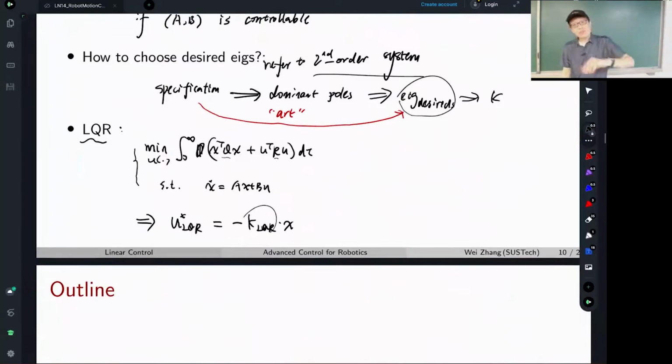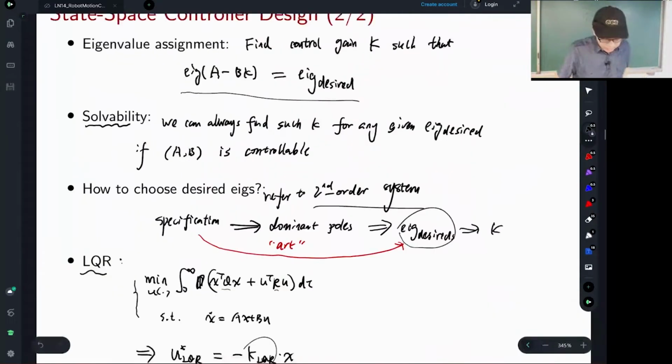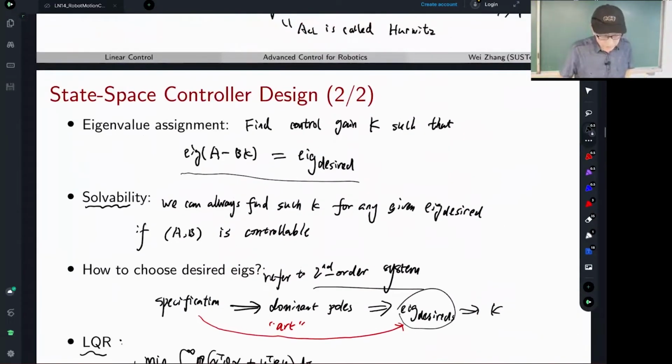Again, I'm not teaching you this, I'm just mentioning some of this in case you have learned. I assume most of you have learned everything I talk about today. You may forget, but that's fine. I'm telling you what each of these terms means, and all you need to know is that you can design a linear feedback gain matrix so that you can place the closed loop eigenvalues to make sure the closed loop system is stable.